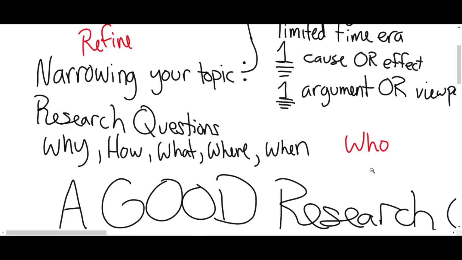Please note on this note page, the who is marked in red while the others are in black. And I will tell you the reason that who is in red is because this tends to be not a great research question. Only because a good research question, well, you might as well look.